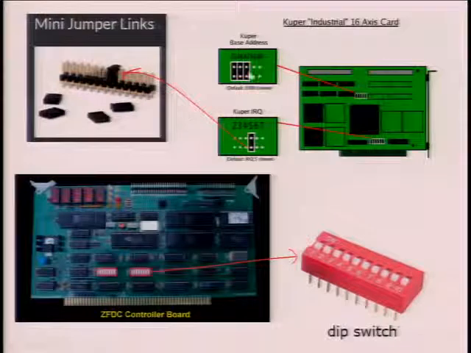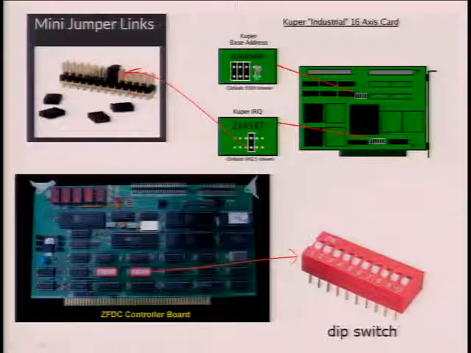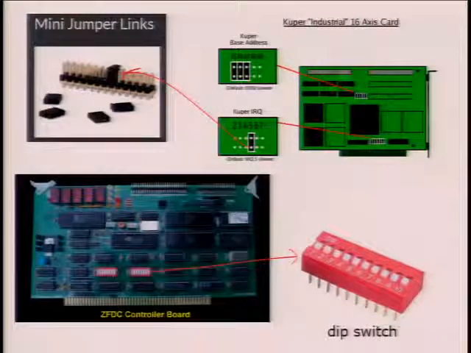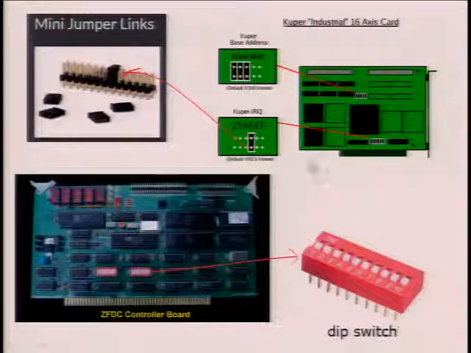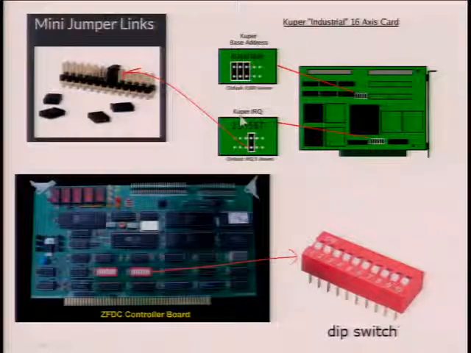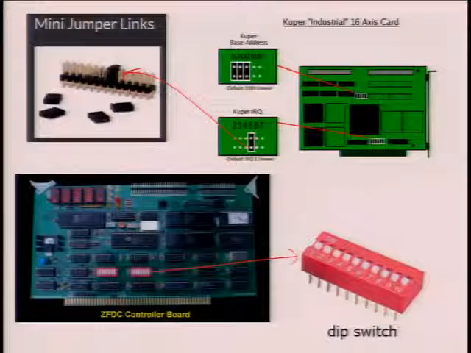Two important settings in this card: one is the address range, because most of the cards contain certain memory, so we are talking about a certain range from this address to that address. With the jumper setting, you will be able to set it correctly. The other one is called the interrupt number, like this one here, because there are quite a number of interrupts available, so you have to set it to the correct number.